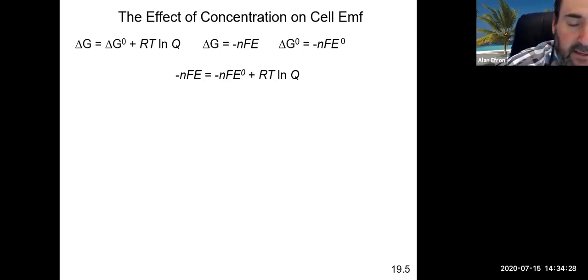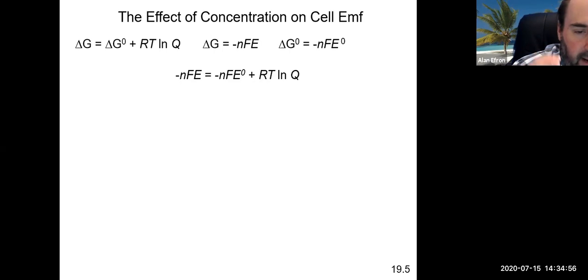Again, remember that technically speaking, this delta G has to do with spontaneity, whether it's going to be spontaneous or not, while delta G naught has more to do with equilibrium and whether reactants or products are favored. You could almost think they're the same thing. If products are favored, then the reaction is probably spontaneous heading to products, and vice versa.